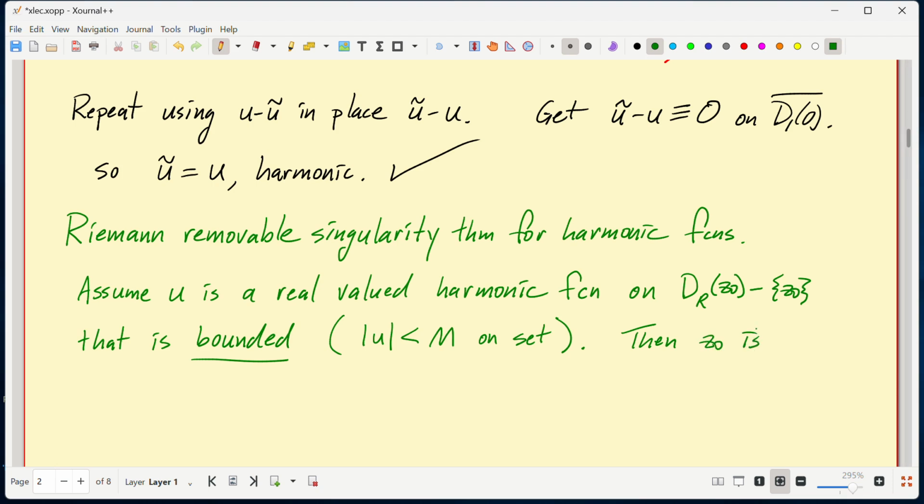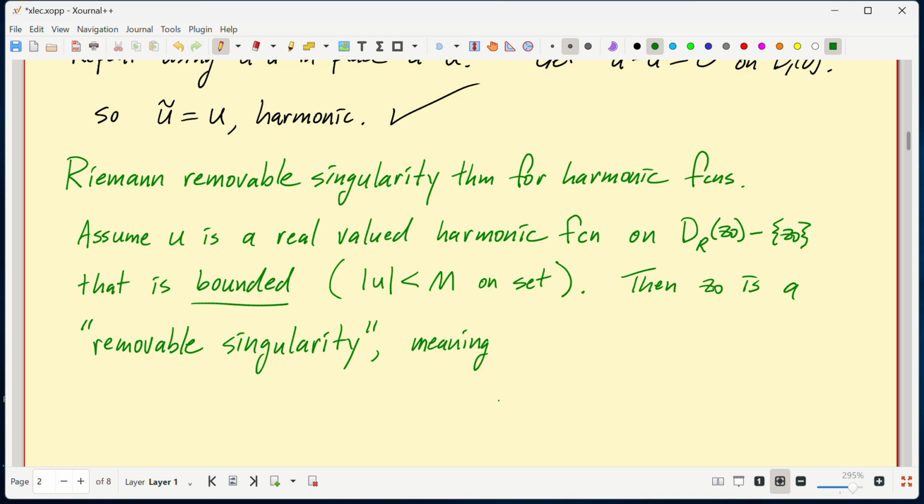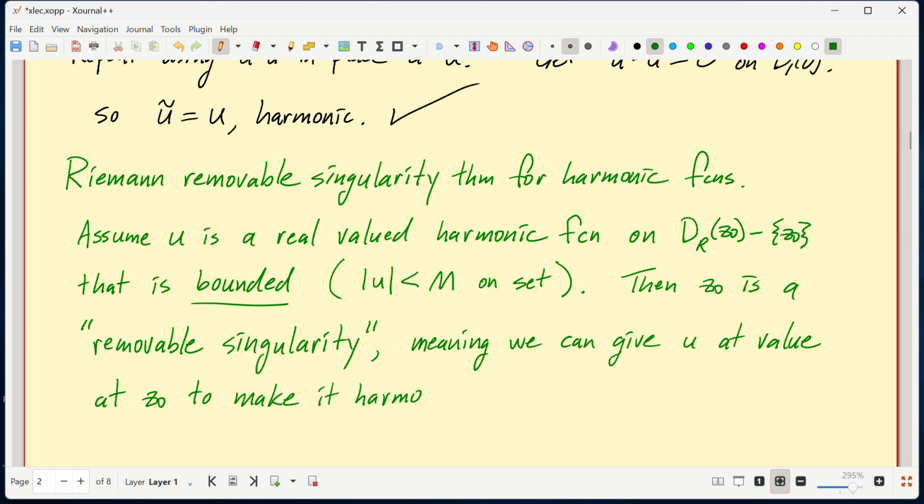Z naught is removable, meaning we can give u a value at z naught that makes it harmonic on the whole set, to make it harmonic on the non-punctured disk. Okay, that's the theorem.